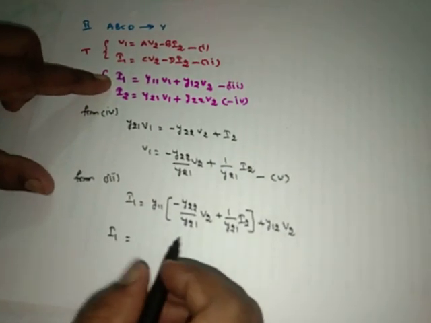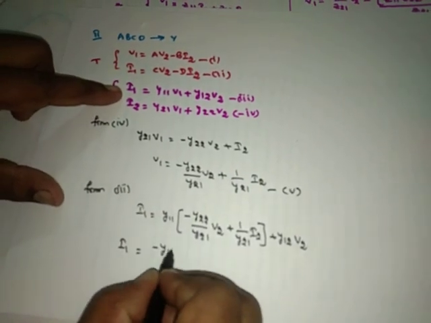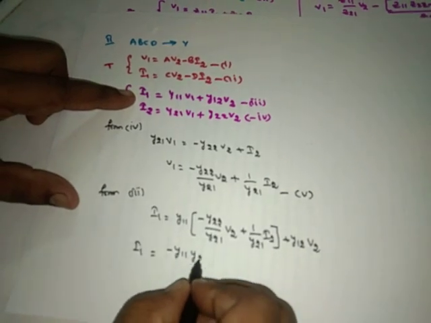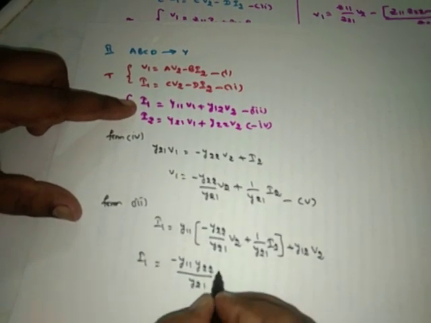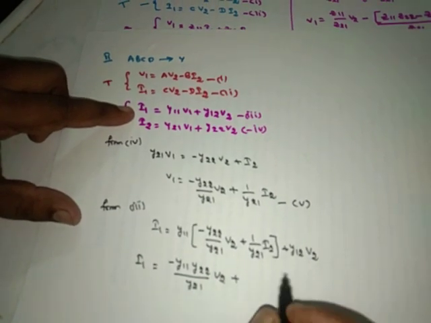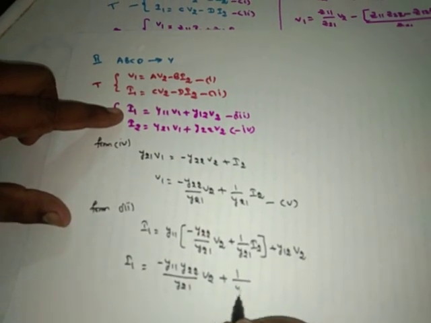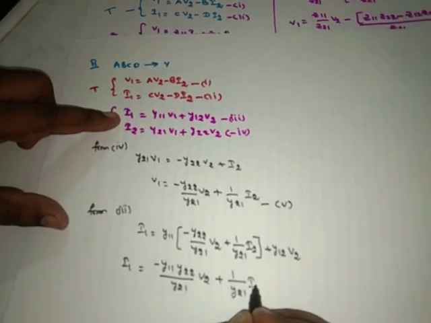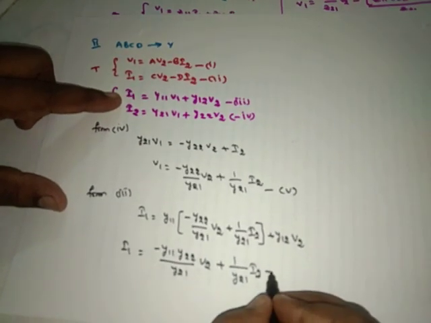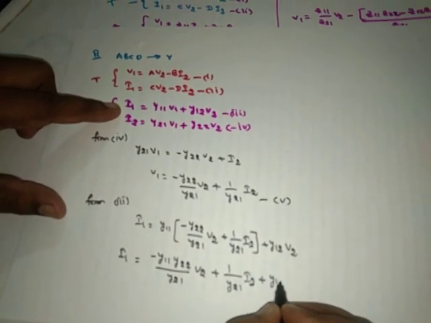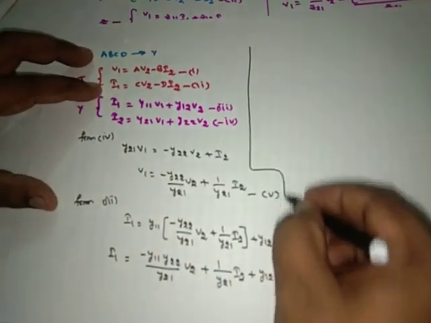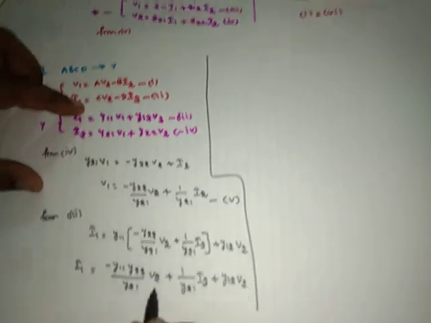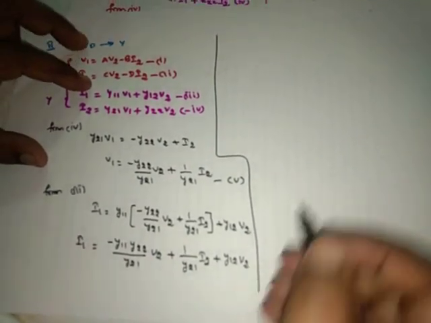I1 is equal to minus Y11 Y22 by Y21 V2 plus 1 by Y21 I2 plus Y12 V2. Simplify further. Here take V2 common.